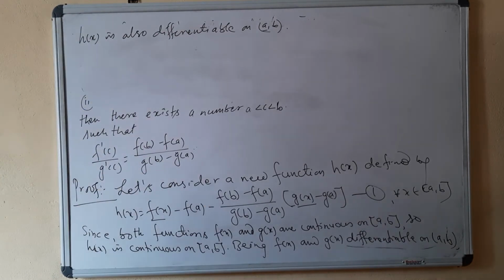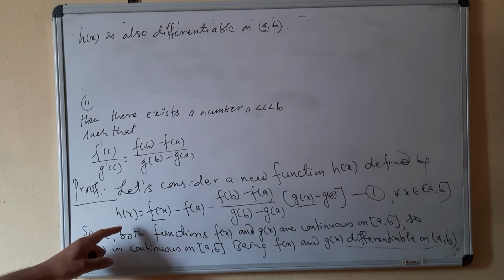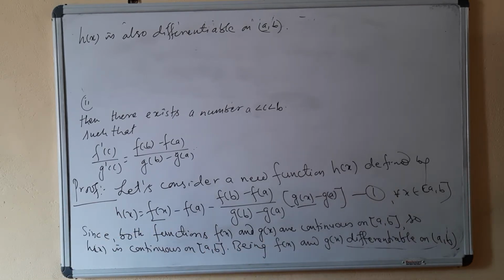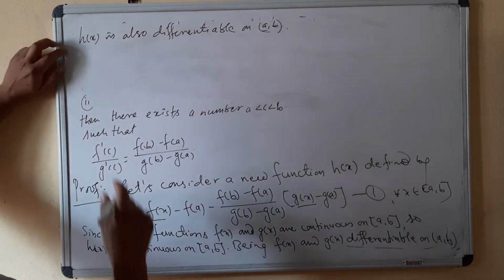Now we'll see the third hypothesis of Rolle's theorem, that was f(a) equal to f(b). That means here h(a) equal to h(b). And what will be the value of h(a)?